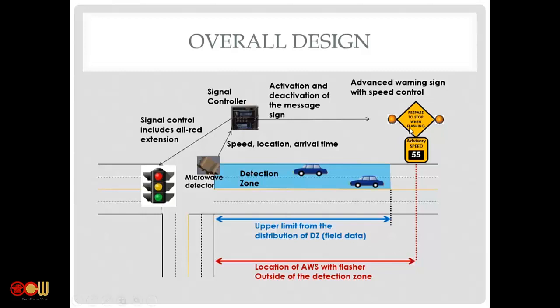So we put a sign here, with two purposes. One, it advises the driver that the signal has changed to yellow. Then we advise you to reduce speed to our advisory speed. Then we guarantee you can stop safely at the stop line. You will not be caught by the dilemma zone. So that's the preventive side, to prevent the driver from being trapped in the dilemma zone, okay?